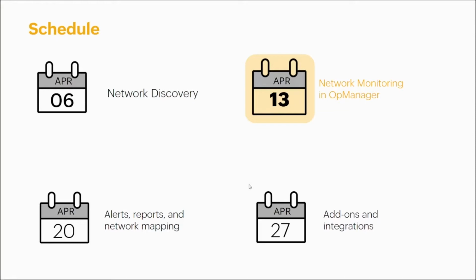And finally, on April 27th, we'll be seeing about the add-ons which are available in Op Manager and the various integration options which are available within Op Manager. For the better convenience of a larger audience, we do have two schedules for the Op Manager training series. One is conducted in the GMT time zone, and the second is conducted in the EDT time zone, which is now at 11 a.m.